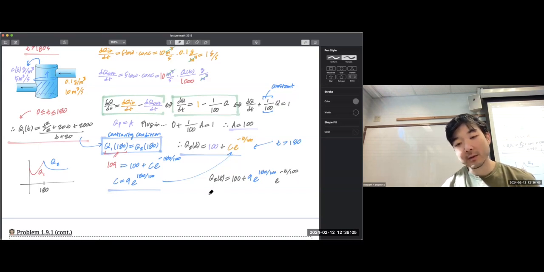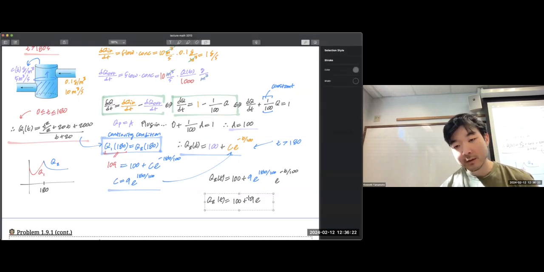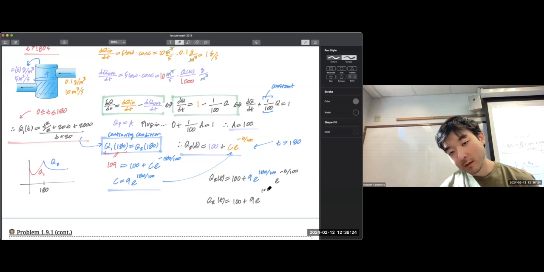This does simplify though, so I'll just write it in simplified form. So this right here is like 100 plus the 9. They both have the same base, so these two can be added together. Let's just shift this down. So it'll be like this, e to the 180 minus t over 100.